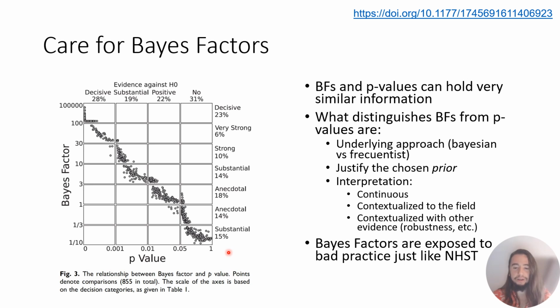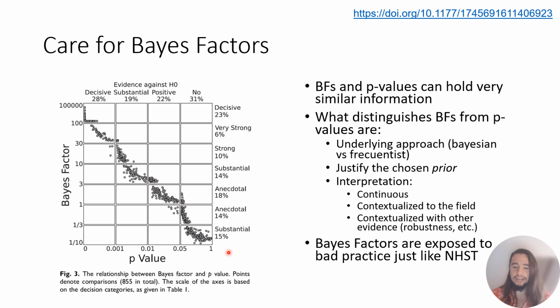You can also contextualize Bayes factors to the field, for example, gathering prior evidence or other studies of the field, converting them into Bayes factors, and then seeing if they are very similar, how many points they deviate from each other, and also creating a distribution of Bayes factors and seeing what the mean is, if your new Bayes factor is far from the majority or not, etc. These are operations that you can do when you know that your index reflects a continuous variable, and you can contextualize it to other metrics in the field.